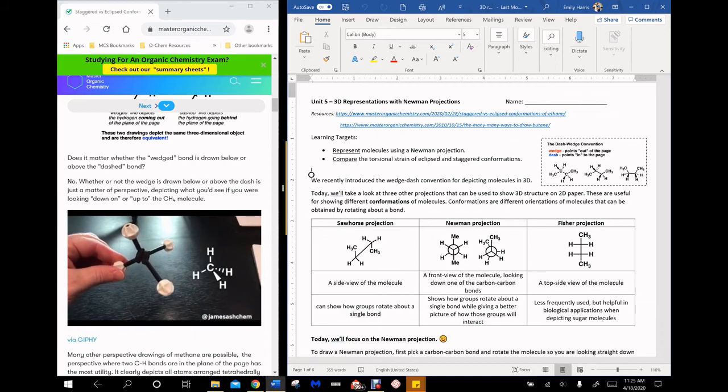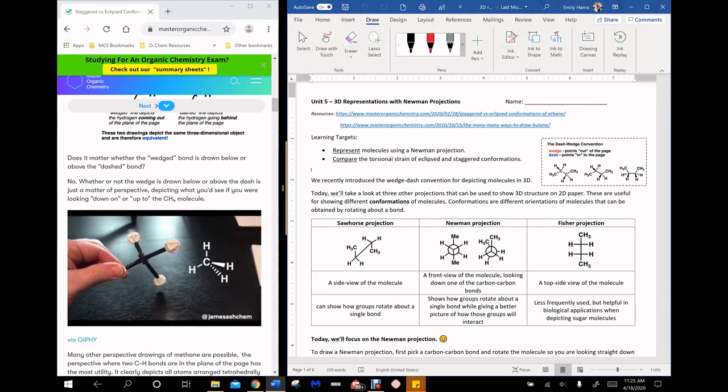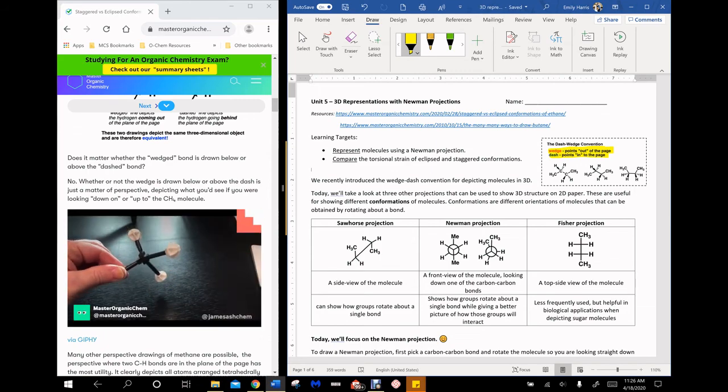First of all, a reminder about the wedge and dash convention. What we learned yesterday is that the wedges represent bonds that are coming out of the page toward us, and the dashes represent bonds that are going into the page, away from us.